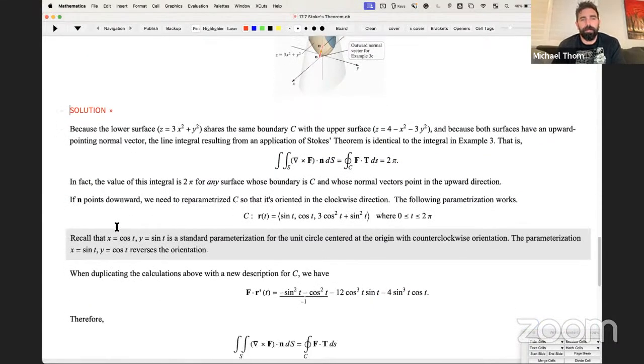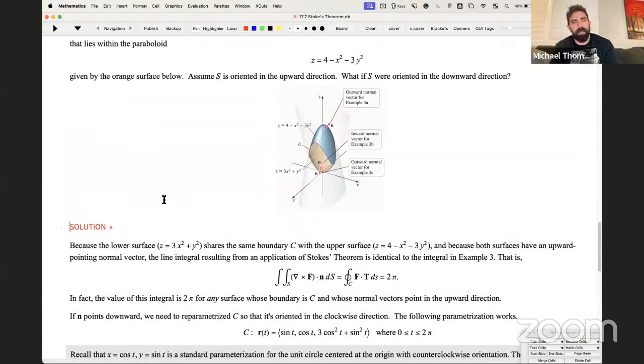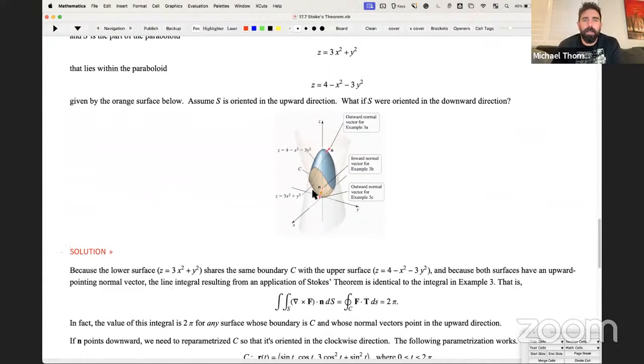And here we go. Now, this is actually really easy. This is pretty much the same setup as the last problem. Stokes' theorem says that the circulation on the boundary is equivalent to the accumulated curl on the surface, no matter what the surface is.